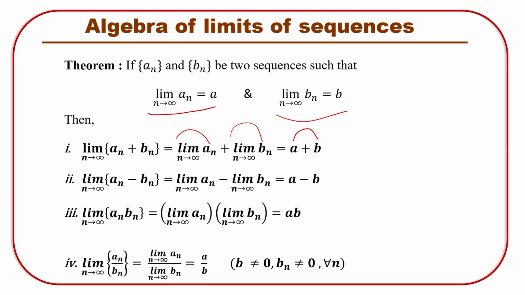Similarly, limit of a_n minus b_n is the difference of the limits, a minus b. The limit of the product of the two sequences is the product of the limiting values, a times b. And the quotient a_n by b_n has limit a by b, but remember the denominator must be non-zero, so b is not equal to 0 and each b_n is not 0.